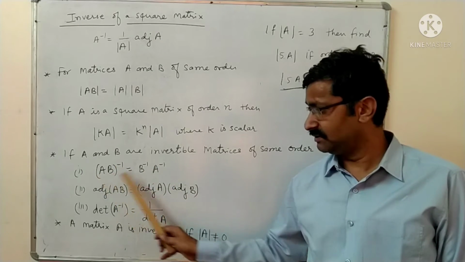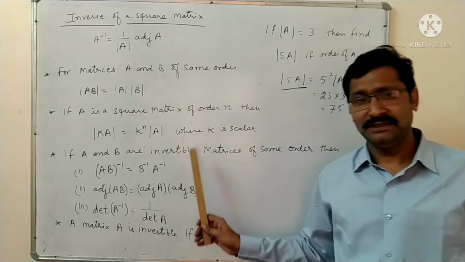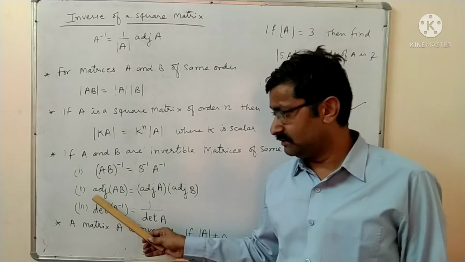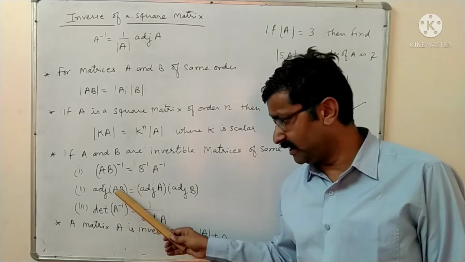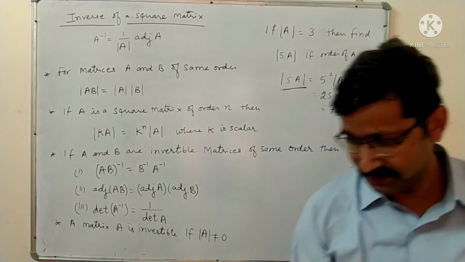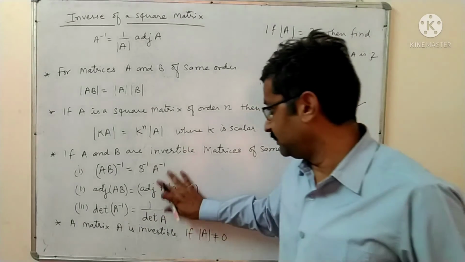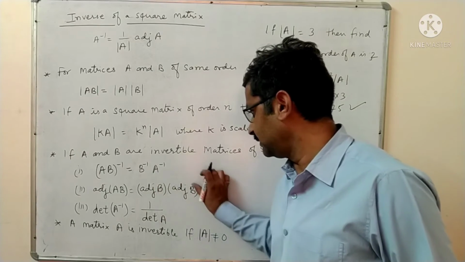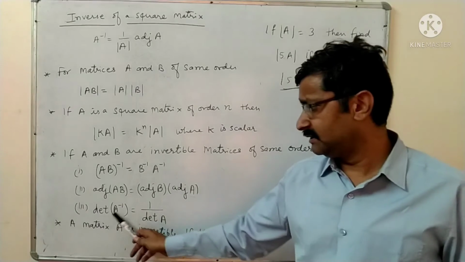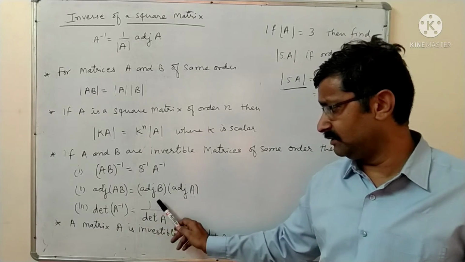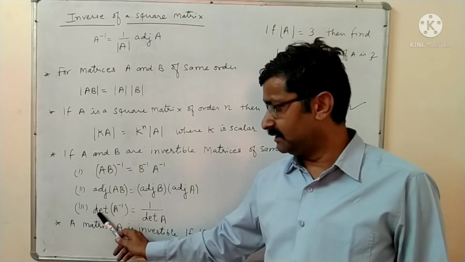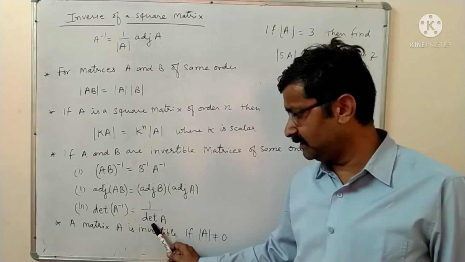So keep this in mind too. If a question is given, then you have to verify this. And also adjoint of AB is equal to adjoint of B times adjoint of A, you reverse the order. And determinant of A inverse will be equal to 1 upon determinant of A, both are equal. You can find the determinant of A inverse, or you can write 1 upon determinant of A.